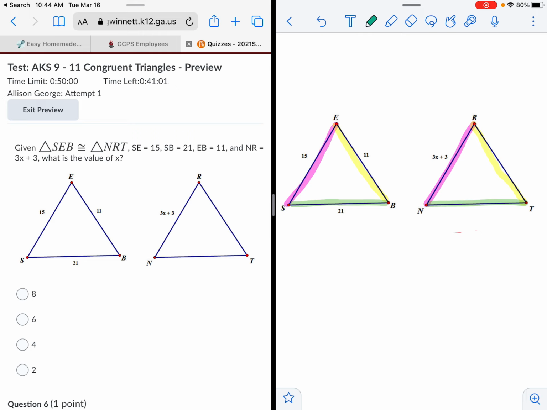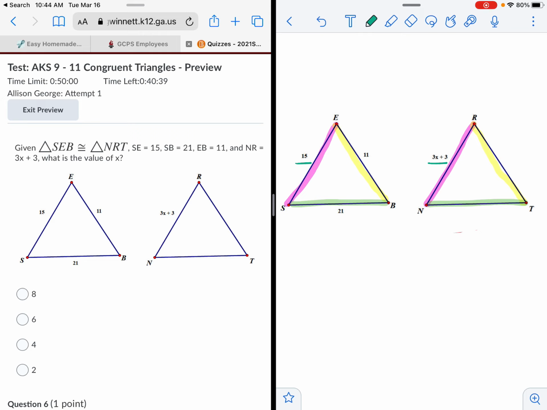So we know that SE is 15, SB is 21, EB is 11, and NR is 3x plus 3. What is the value of x? Well, x is right here with the 3x plus 3. And we know that that side NR corresponds with side SE. They are corresponding, which means they are congruent.